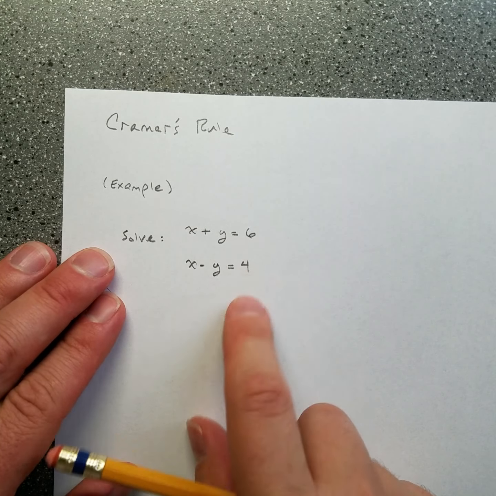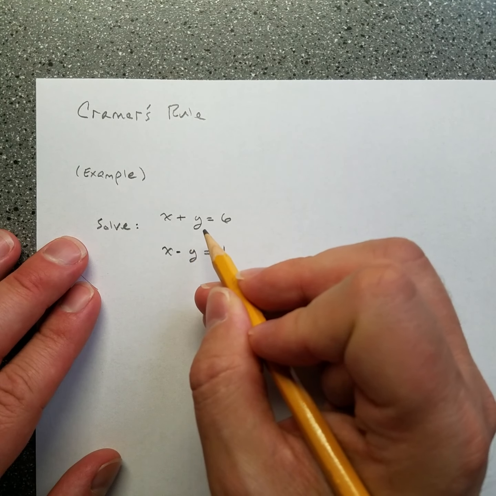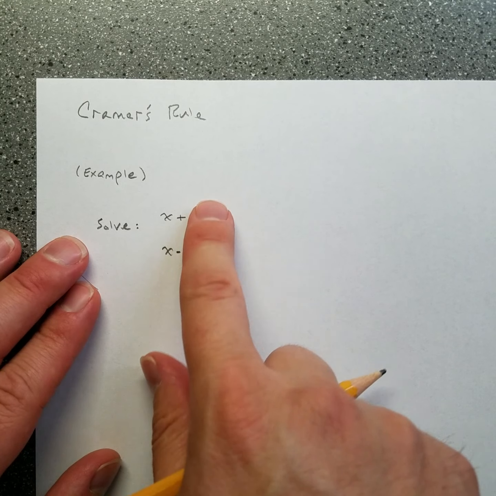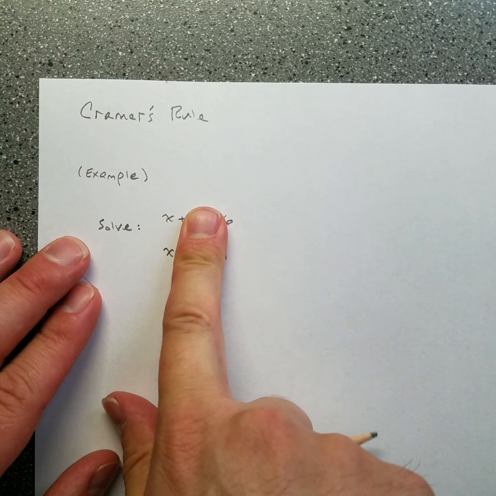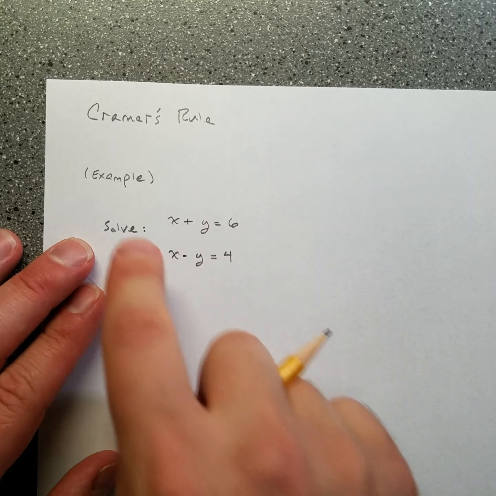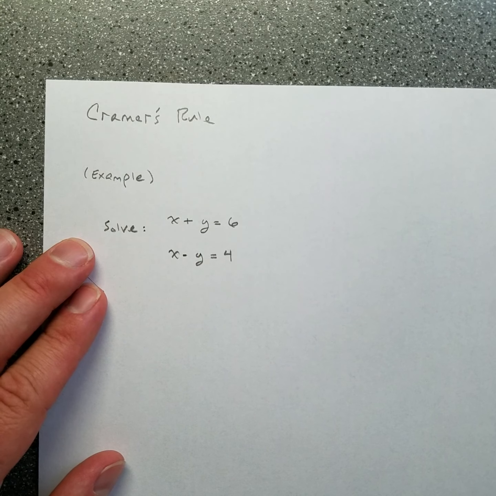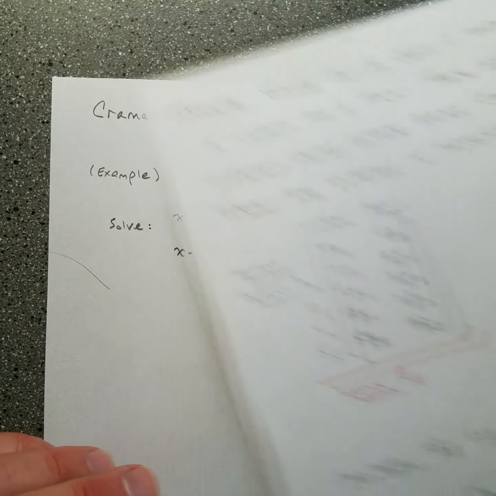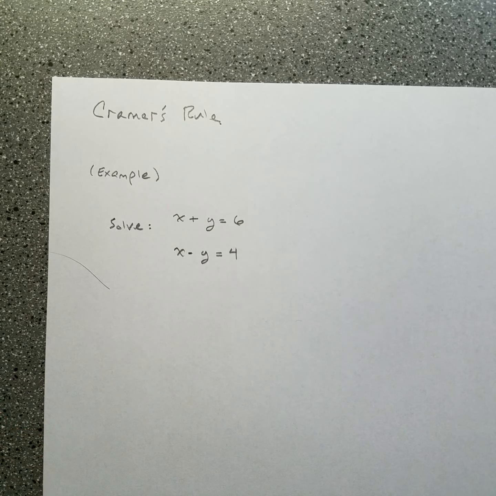Okay? We could solve this by substituting the y or by adding the equations together and canceling the y. In other videos, I've talked about how to do it, but there's this rule that uses matrices. It's actually pretty easy to do, so everybody learns it.